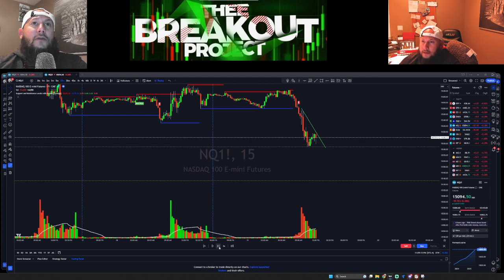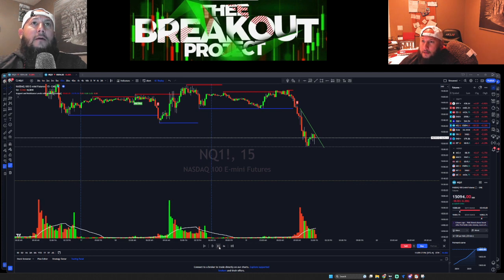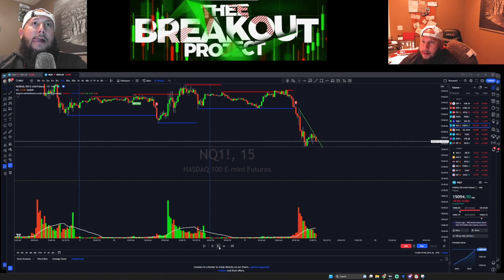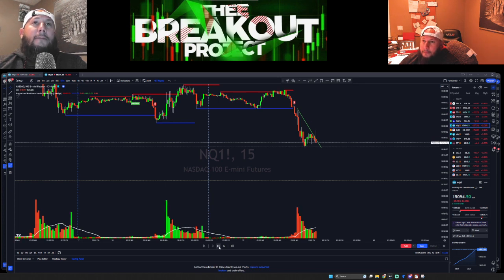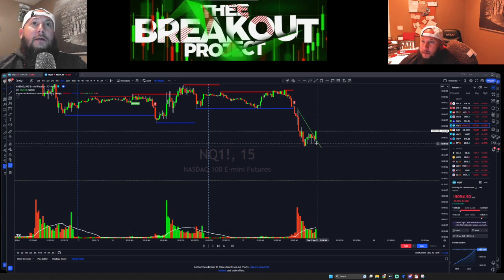Price is testing the trend line, but it's not quite breaking it. Price wicks just over the trend line. Price basically breaks the trend line. These 3 candles right here are going to represent an area of support. Why?